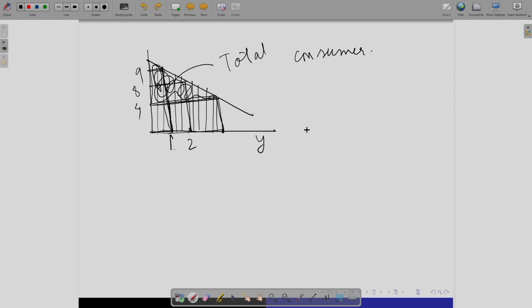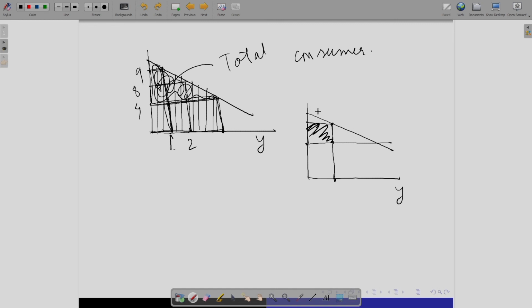Or you can say, if you look at only this, this is the total consumer surplus. You are willing to pay this much, this whole amount, and you actually pay this, this is the price. So, then this is the surplus you are getting.